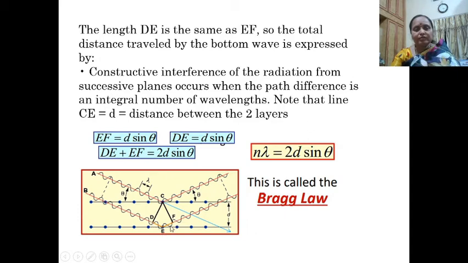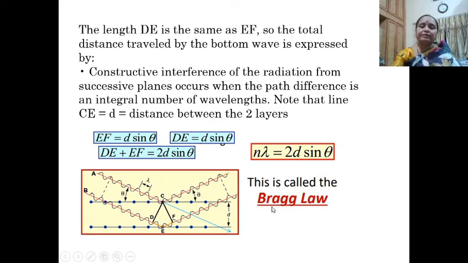Similarly, DE will also be equal to d sin theta. This is the distance traveled further. So DE plus EF will be equal to 2d sin theta, or n lambda will be equal to 2d sin theta. This is Bragg's law.